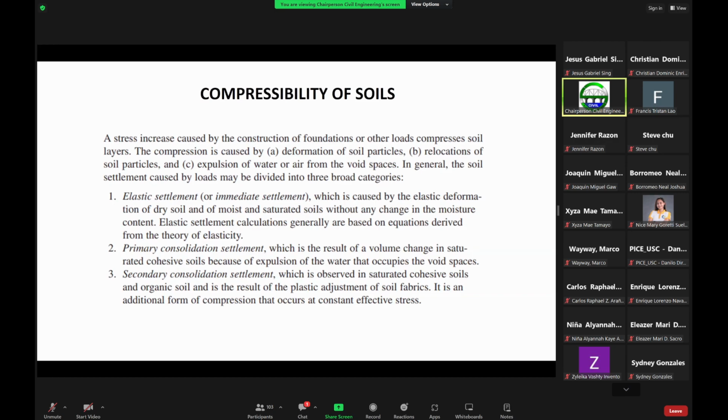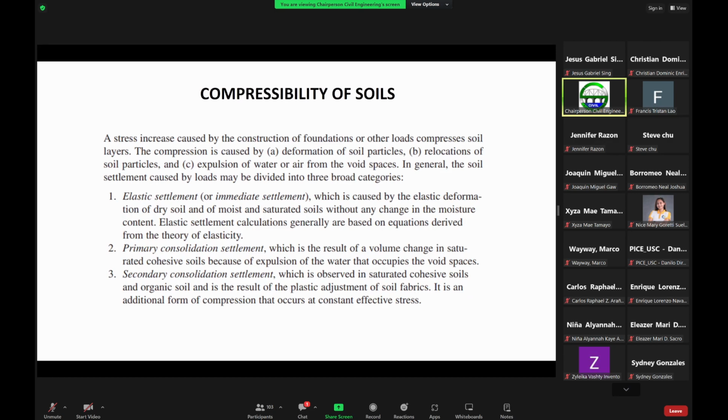Now, the other type of settlement is the consolidation settlement. Again, there are two types: the primary and the secondary consolidation settlement. These three types of settlements, we will have some formulas for them later on. The primary consolidation settlement is basically the result of a volume change in, take note, saturated cohesive soils.